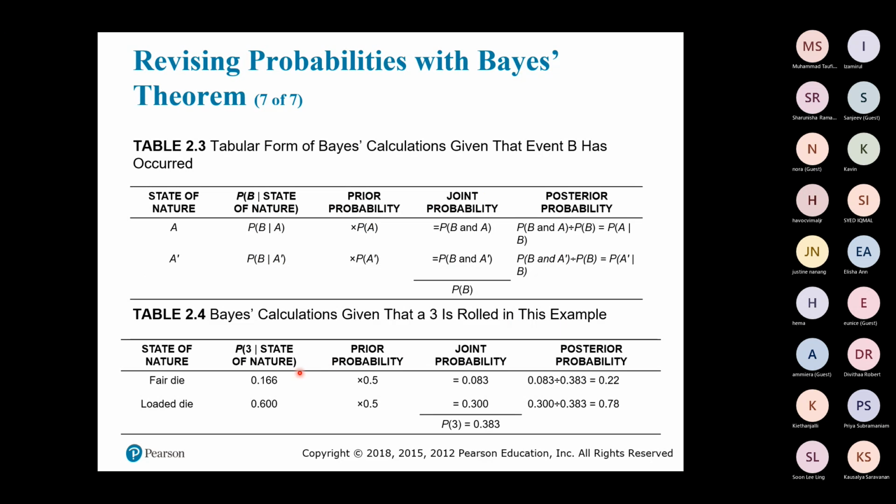Jadi kemungkinan untuk kita pilih dadu yang normal bila balingan kita tu dapat nombor 3 adalah 0.22 kat sini. Chances untuk kita dapat dadu yang diubah suai bila balingan kita tu dapat nombor 3 adalah 0.78.